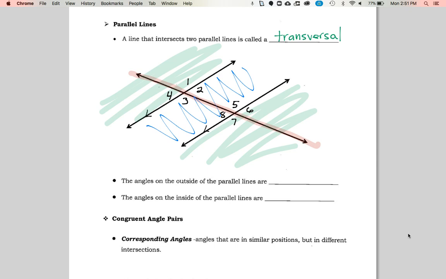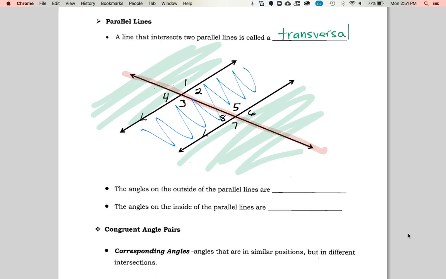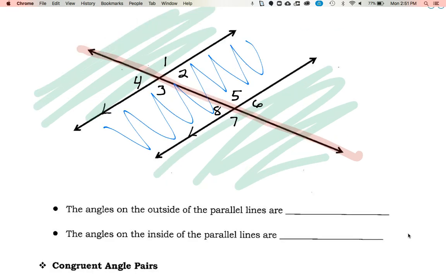So the angles in the green, the angles on the shore, the angles in the grass. Those are exterior angles. Angles on the inside, the ones in the water, are interior angles.